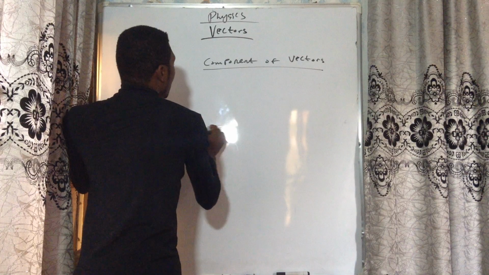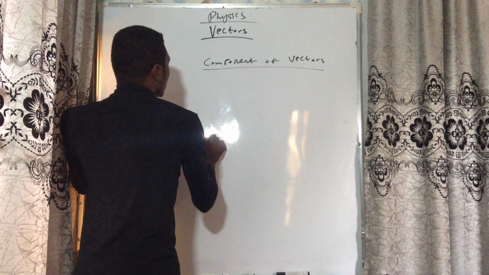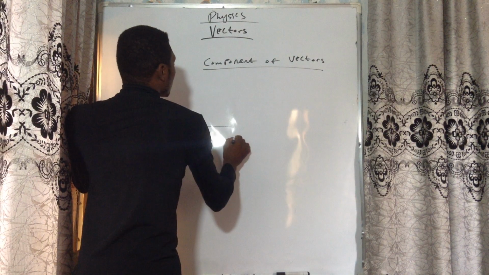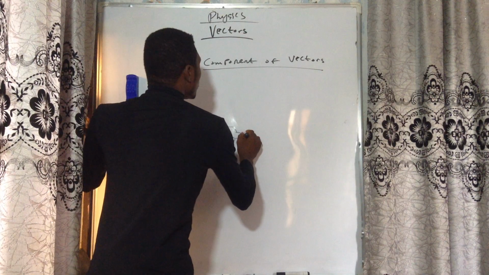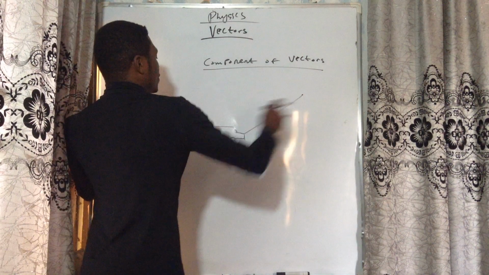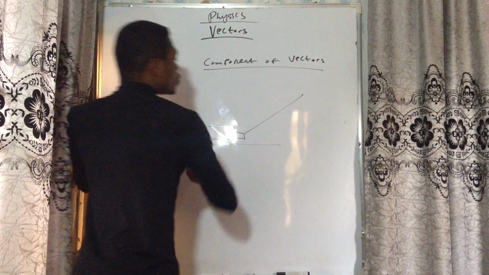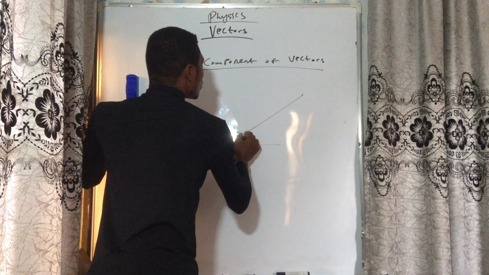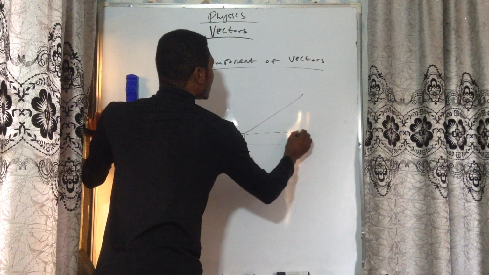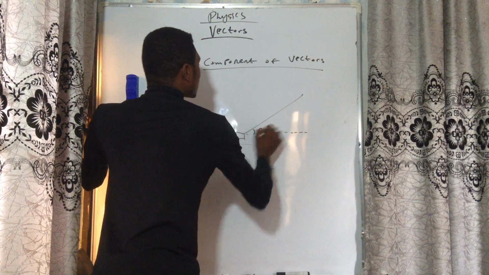This is the car you constructed. Now you are using a rope to pull this car along a horizontal direction. So this is the rope, and this rope is inclined at an angle theta.